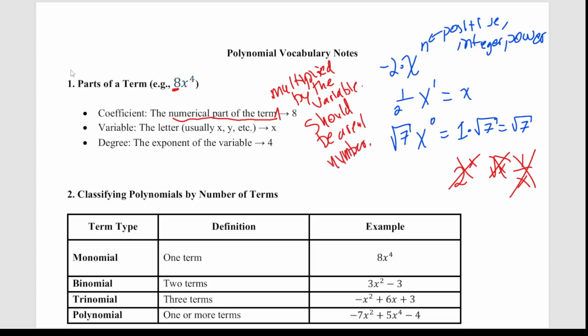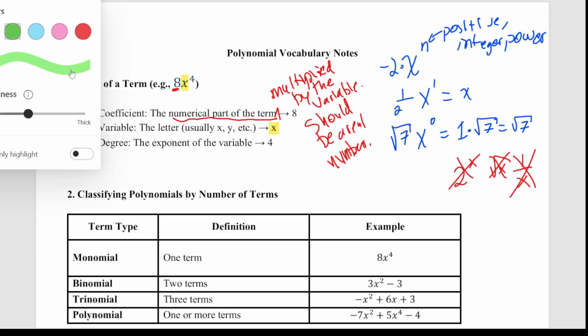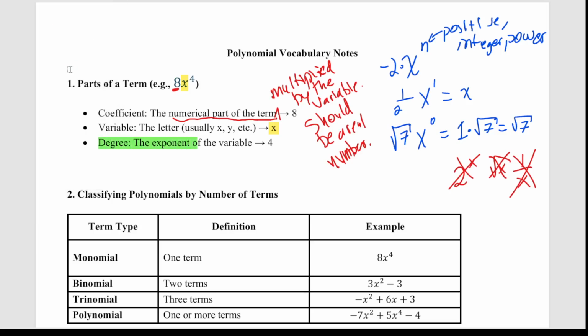And by real, stuff like square root of 7 or pi is totally cool, but you shouldn't be having any imaginary numbers. The variable part is whatever is going to be your variable in the term. So in this case it's x, but it could be something else like an a, a b, could be a Greek letter or something like that too. And then what's new is this idea of the degree, which is the exponent of the variable, in this case 4.